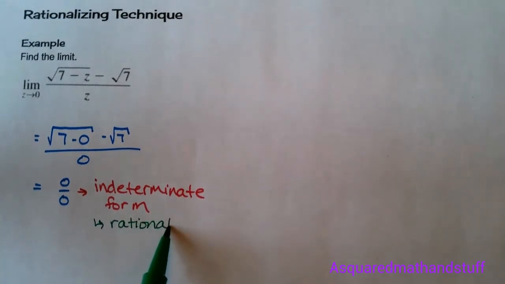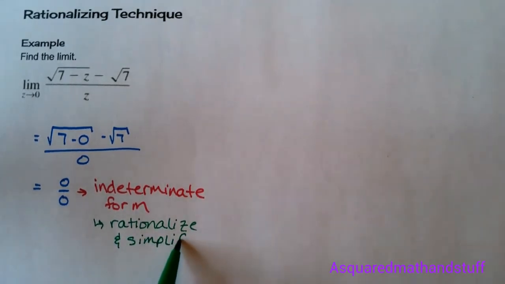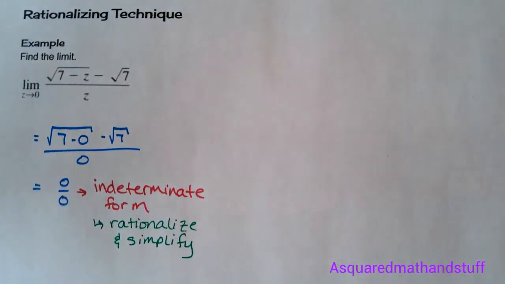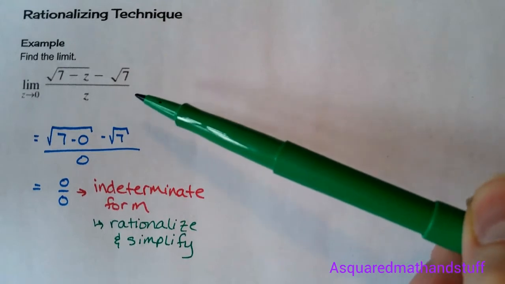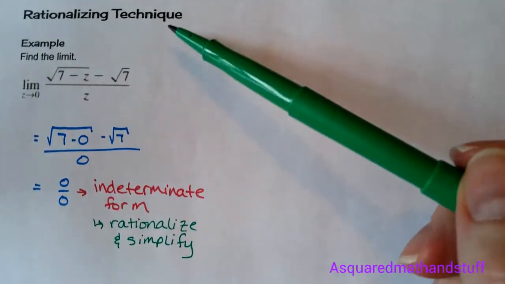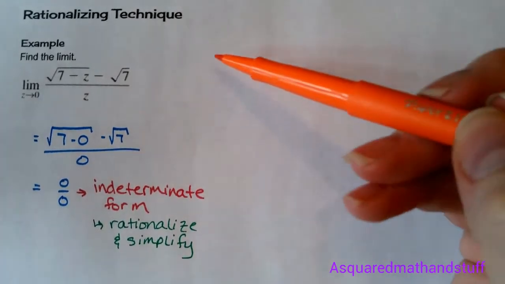So rationalize first, and then we will simplify. The first thing I'm going to do is take a look at this function and rationalize it. I'm not even going to worry about the limit to start off.